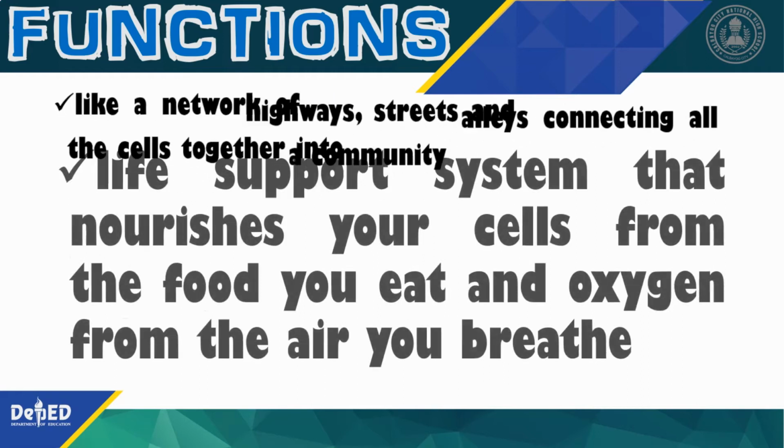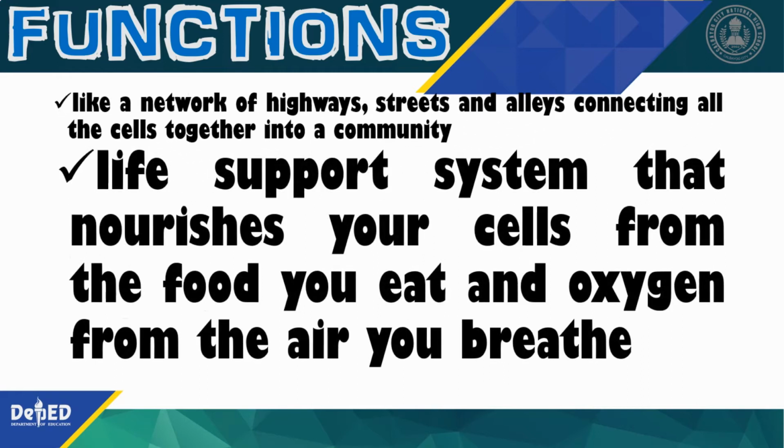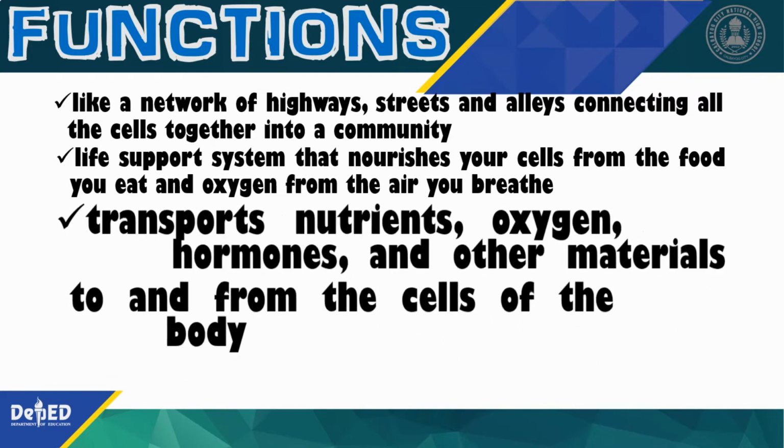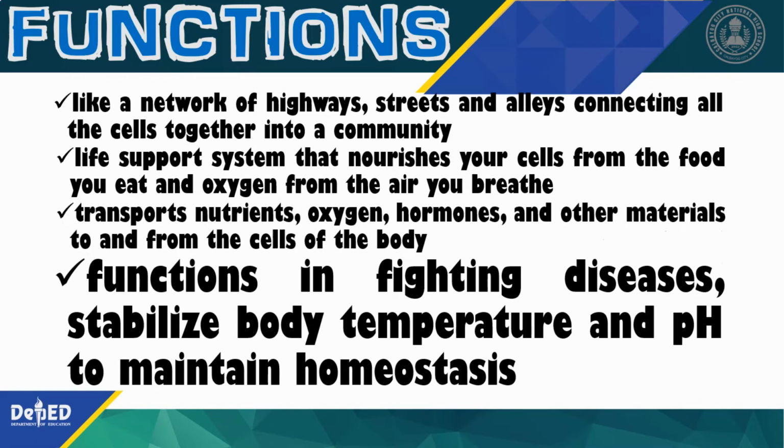It is a life support system that nourishes your cells from the food you eat and oxygen from the air you breathe. It transports nutrients, oxygen, hormones, and other materials to and from the cells of the body. And it also functions in fighting diseases, stabilize body temperature and pH to maintain homeostasis.